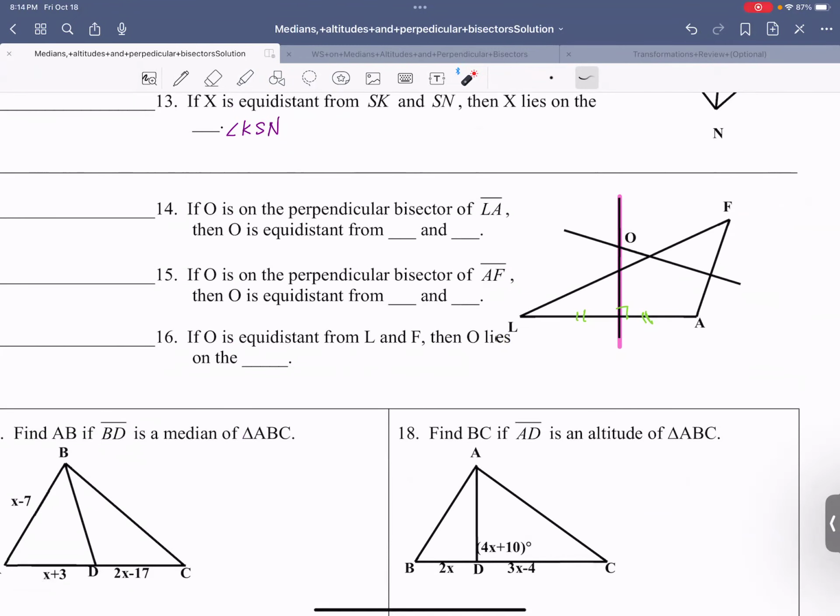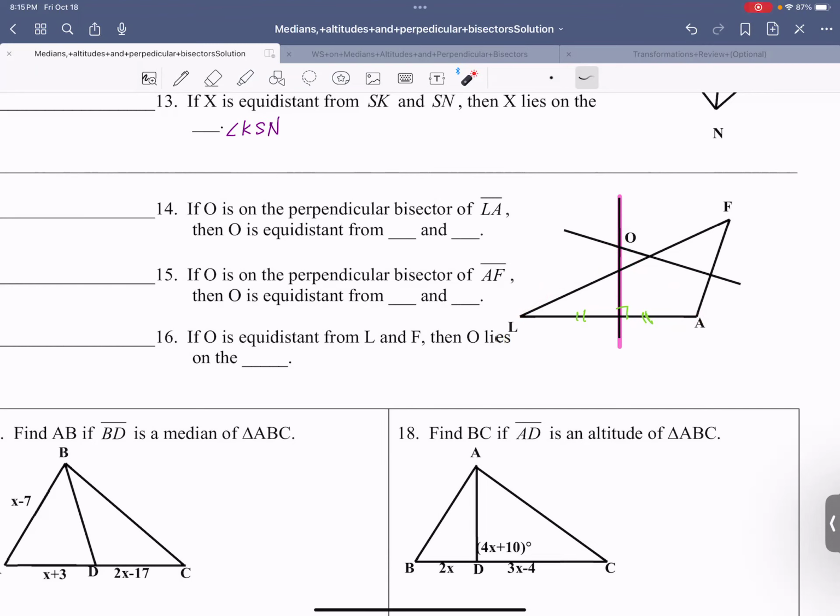Number 14. Elizabeth, let's try 14, please. Go ahead. If O is on the perpendicular bisector of LA, then O is equidistant from L and A. Yes. Very good.